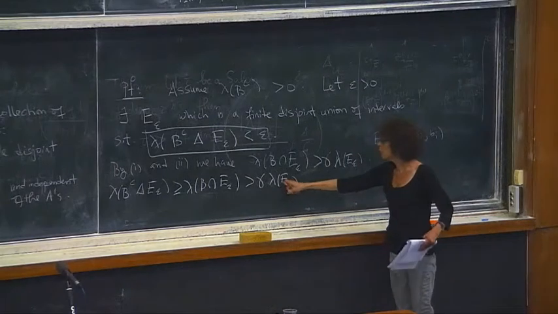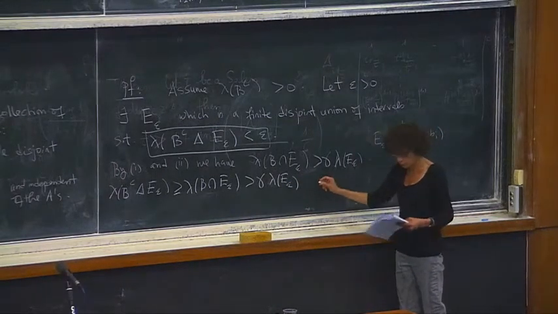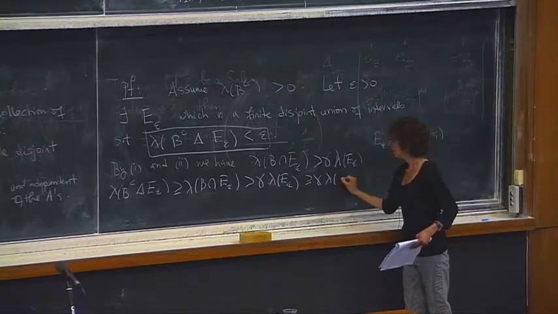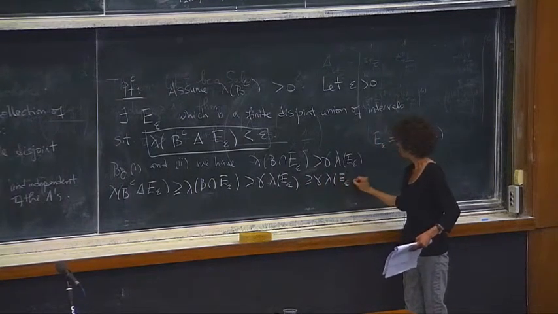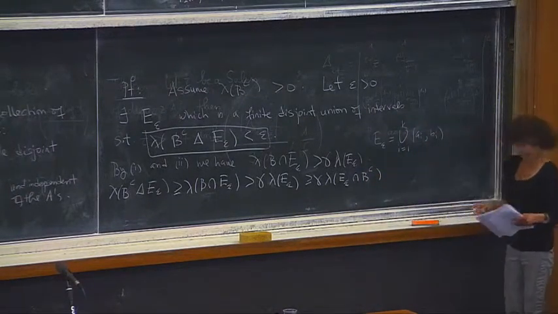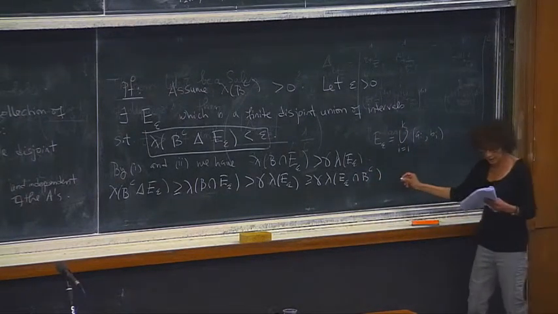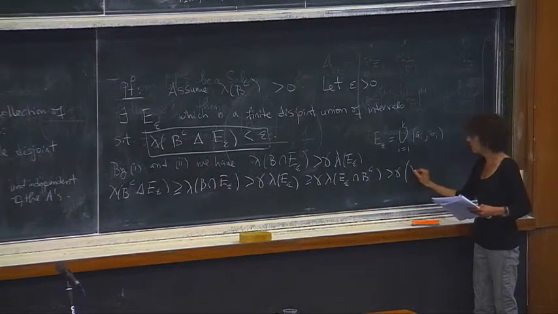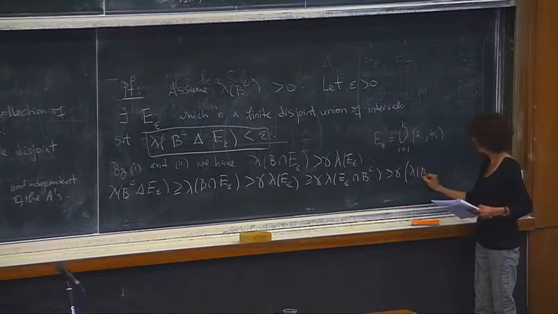And then in a trivial way, this is bigger than if I intersect it with B complement. So this is bigger than gamma lambda of B complement minus epsilon.